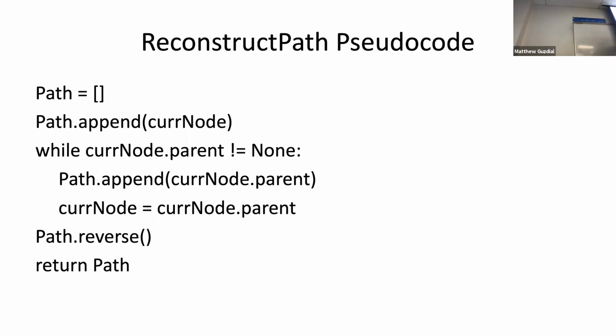Then we're going to add the final node to it, which should be the goal node, right? Because we know that the final current node was the goal node. Then we are going to keep iterating until we don't have any parents, until we don't have any place that we were before, and add every position we were at before this one. Then we reverse the list, and then we return the path. And that gives us a final path from our starting position to the goal position, okay?